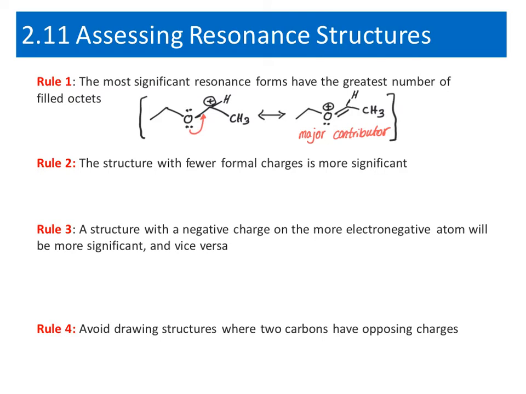The second rule says that the structure with fewer formal charges is always favorable and more important. So look at this example here. Okay, let's draw the resonance structure for this compound. I can recognize the pattern.